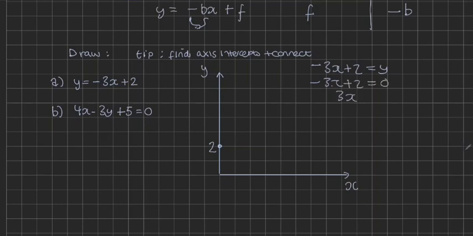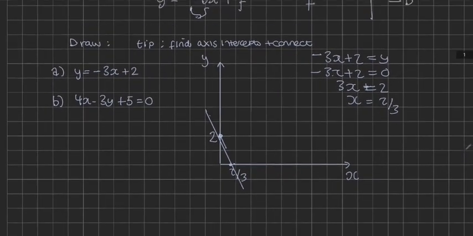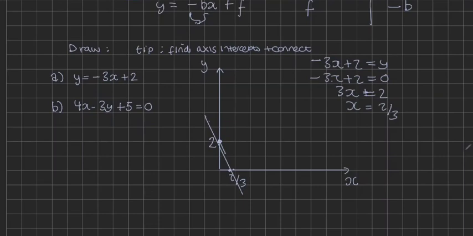So 3x equals 2, my apologies, and x is equal to 2 over 3. So if x is around here, 2 over 3, then we connect these points, apologies for the pen. Hopefully that will go straight. And this will be the straight line for A.